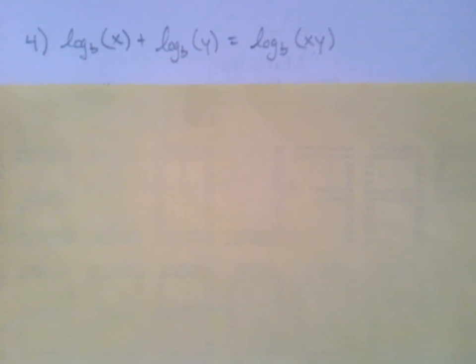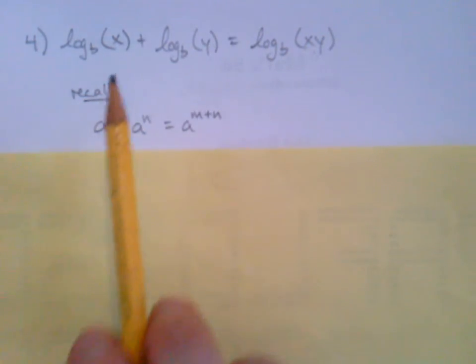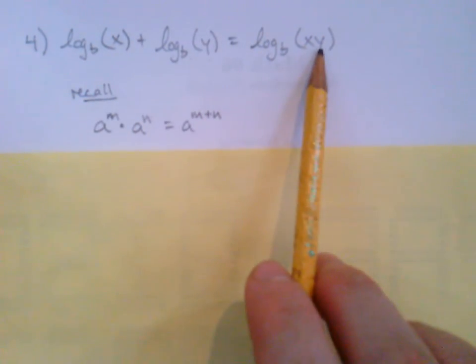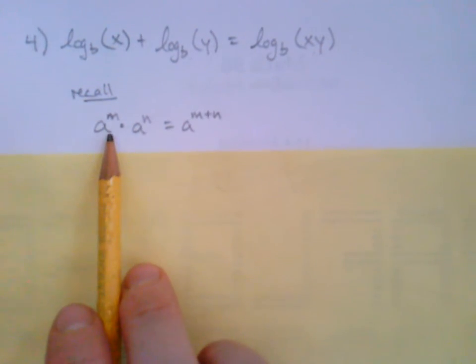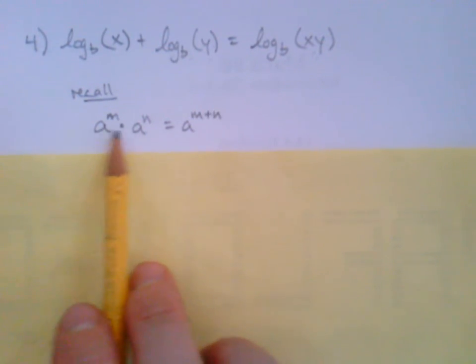Weird. Okay, let me show you the equivalent rule of exponents. So this isn't really a full-blown explanation, but I think it'll make the point. There's a connection between adding and multiplying. Okay, so the rule of exponents was a to the m times a to the n. So I'm multiplying, but how do I simplify that?